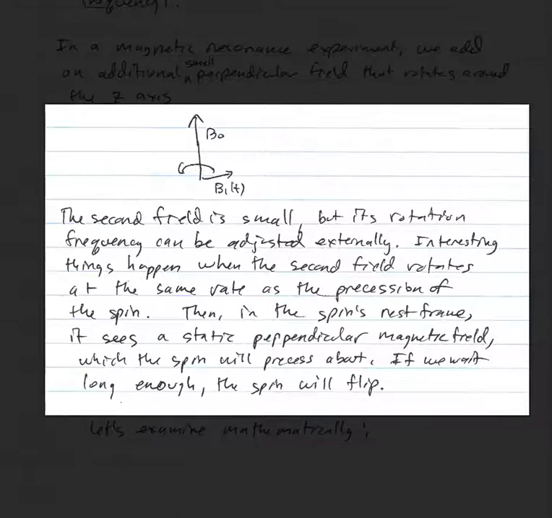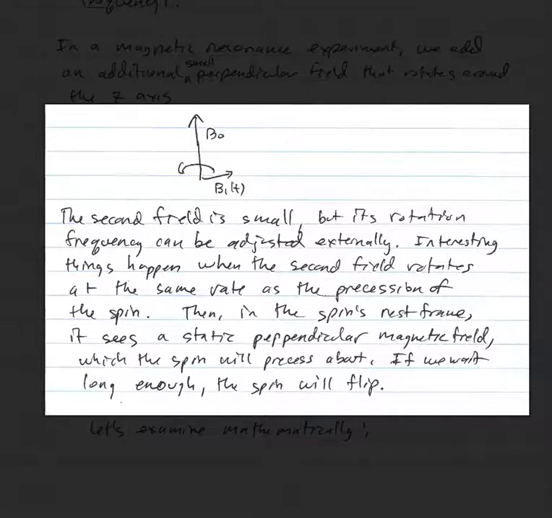So if we wait long enough, something that has a positive projection on the z-axis will precess around the x or y direction in this rotating frame, and we will end up with something that has a negative projection on the z-axis. And that's the same as saying we're going to cause the spin to flip.